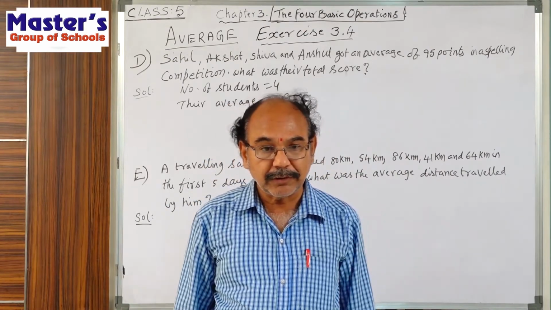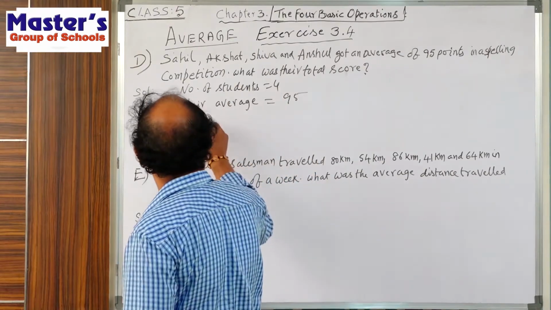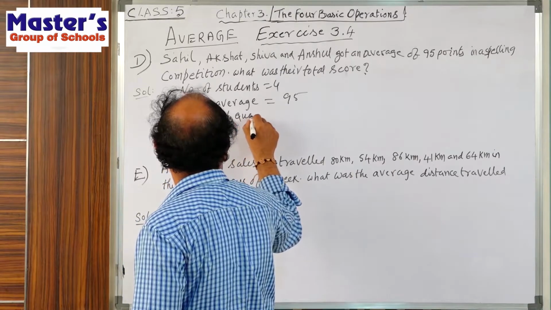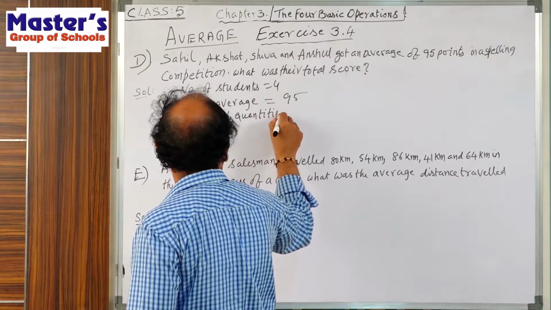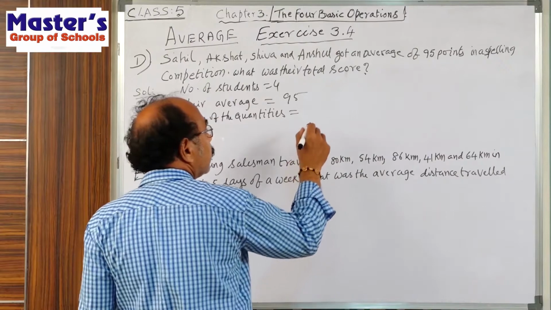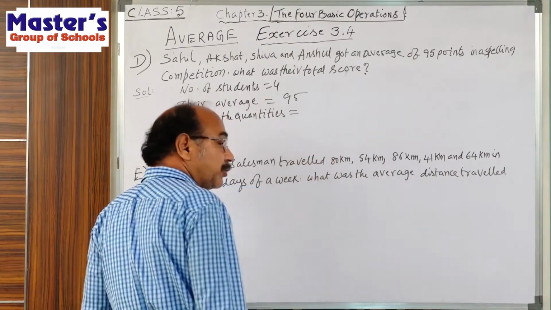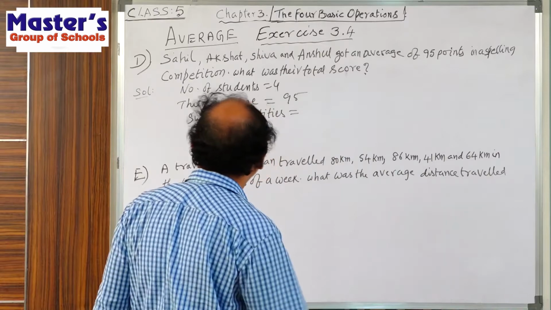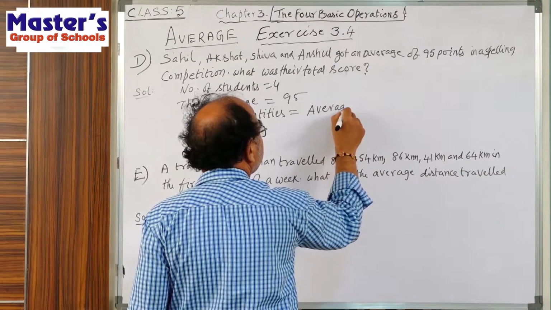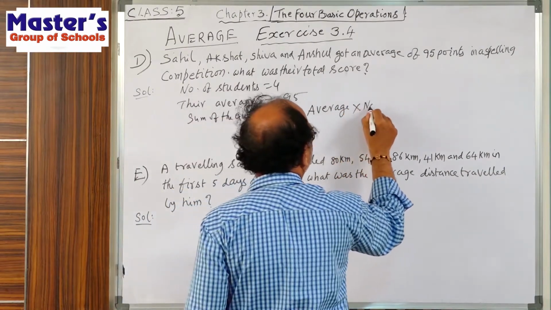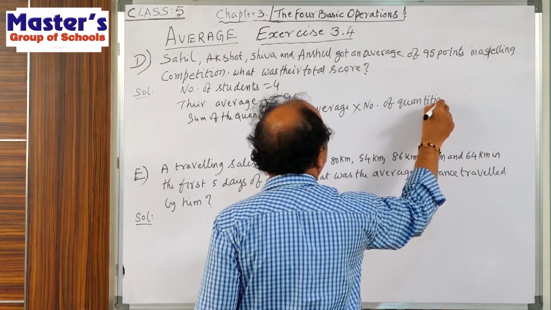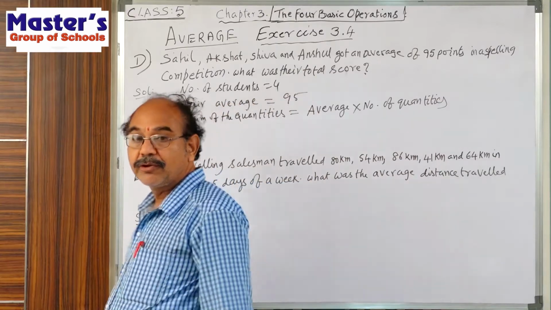From the main statement, sum of the quantities is equal to average into number of quantities.